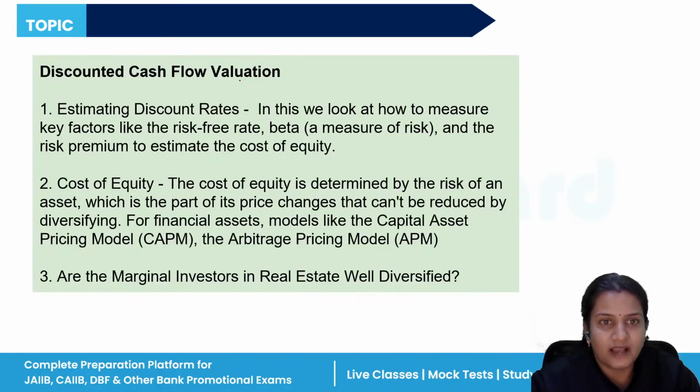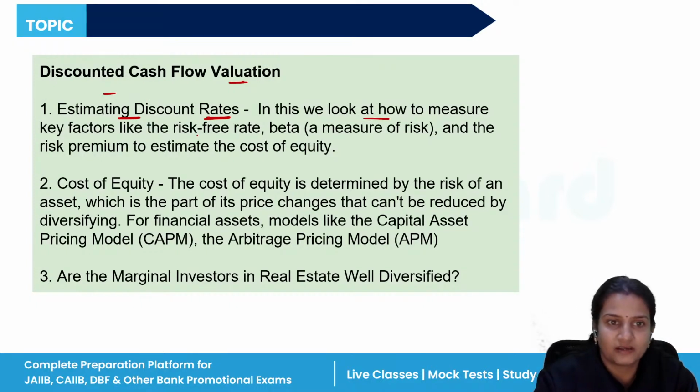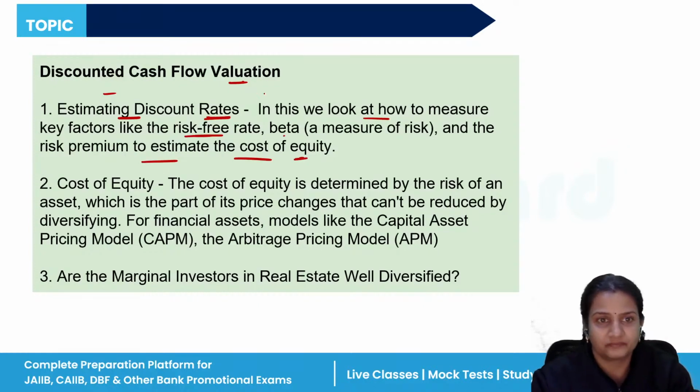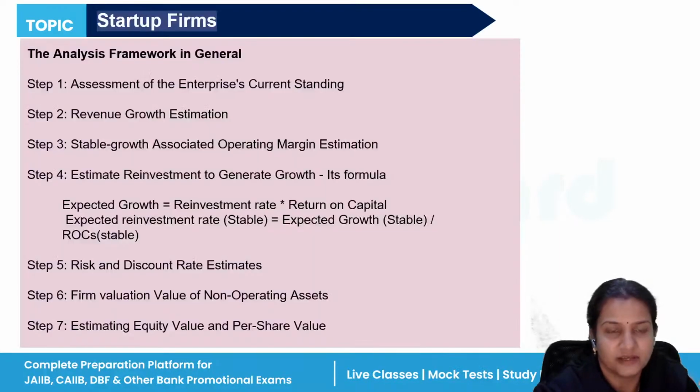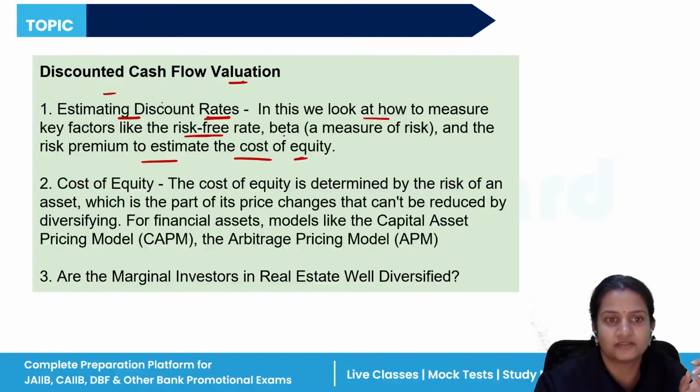Now, discounted cash flow valuation. First we have to estimate the discount rate. Here we look at how to measure key factors like the risk-free rate, beta, and the risk premium to estimate the cost of equity. So first, we have to estimate the discount rate.